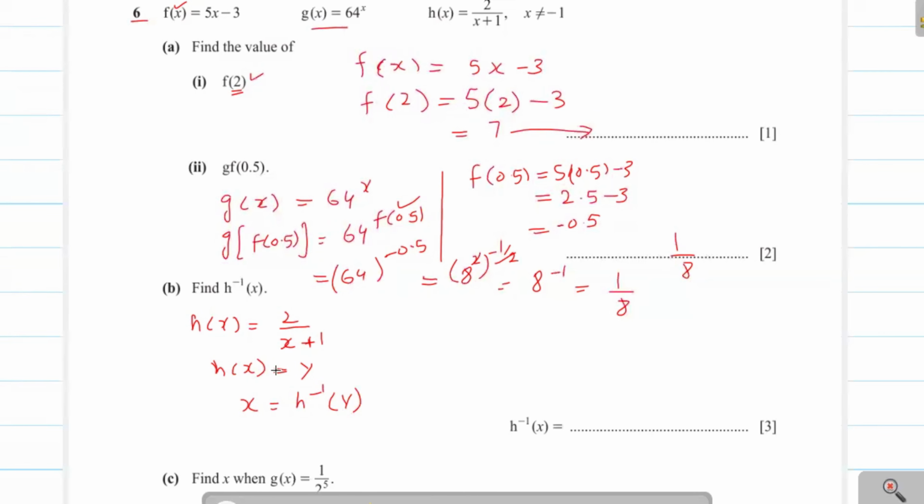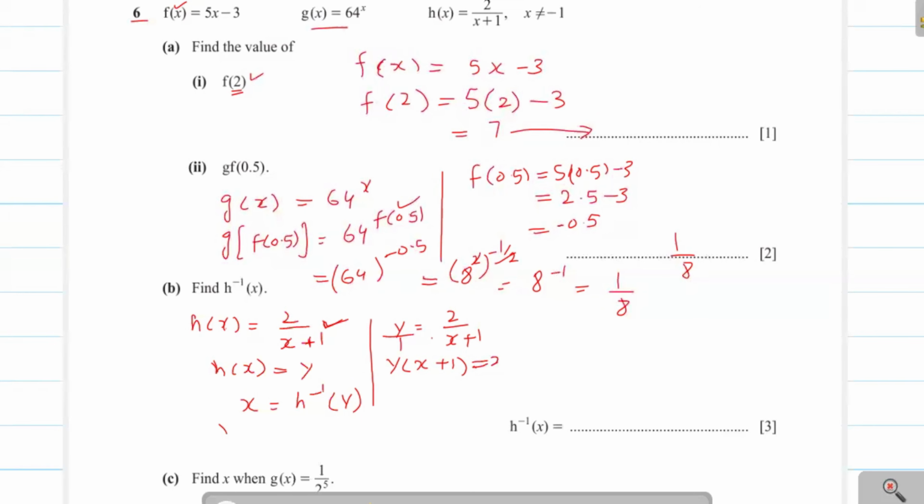Therefore, if we make x the subject, we can find h inverse of y. You see here, we can write it as y equal to h of x, y equal to 2 over x plus 1. Now we can write it as y multiply x plus 1 equal to 2.